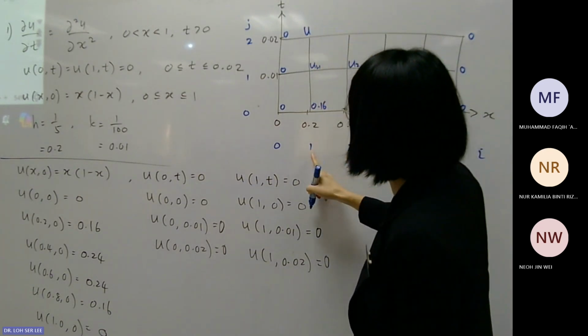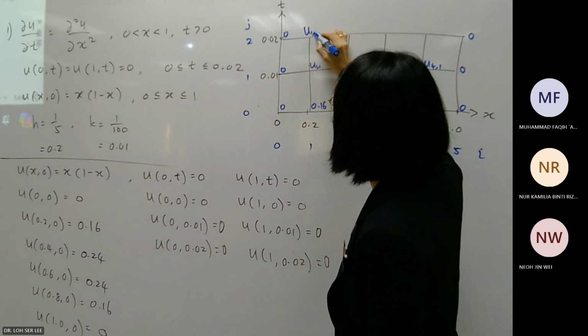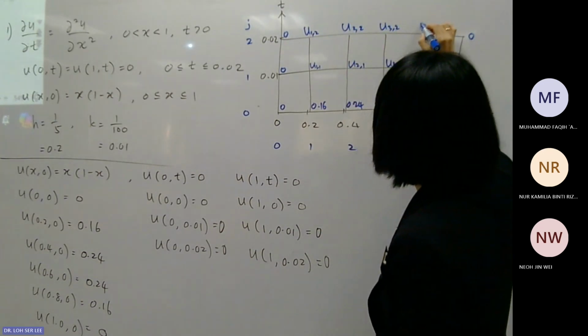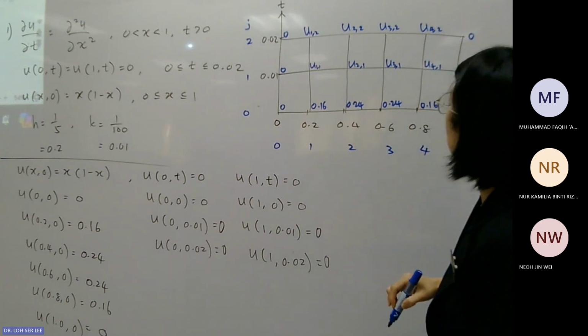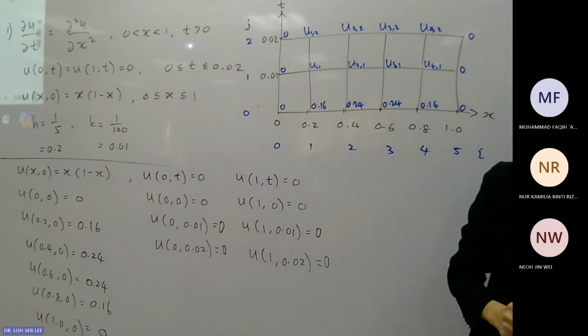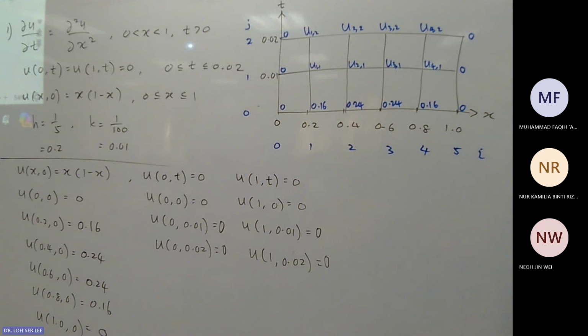Okay, this is U 1 2, 2 2, 3 2, and 4 2. My grid is quite small because the whiteboard is small. Okay, next one, we have to find for the formulas.